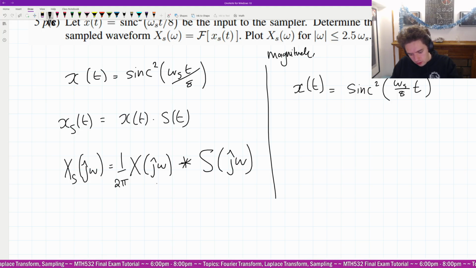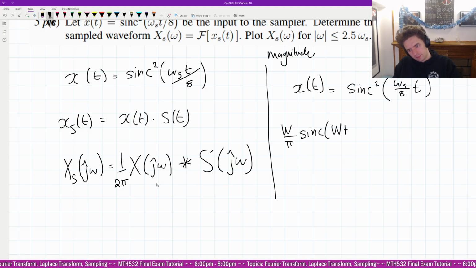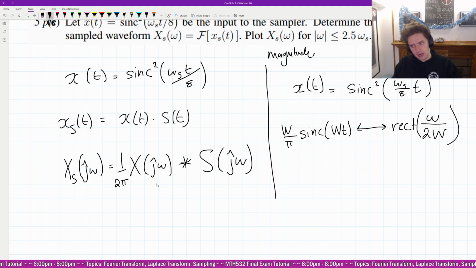So looking at our table, the Fourier transform of sinc squared: w over pi sinc of w t turns into a rect function of omega over 2w.